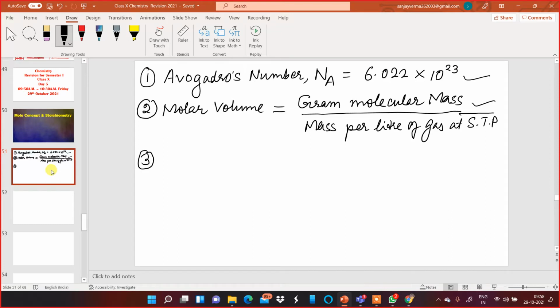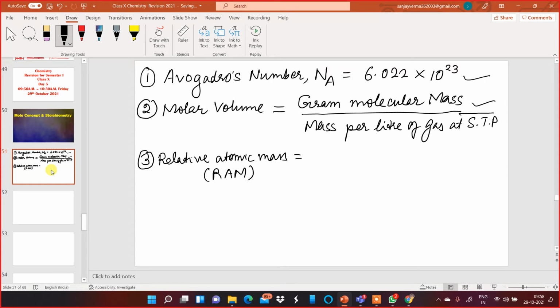The next thing, number 3, the formula required is called relative atomic mass, short form RAM.